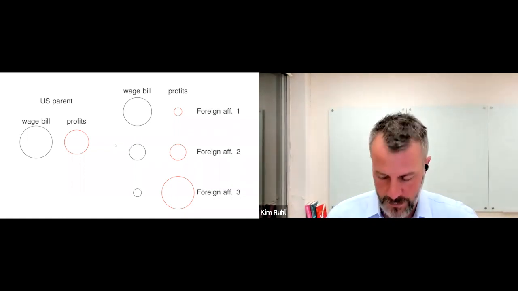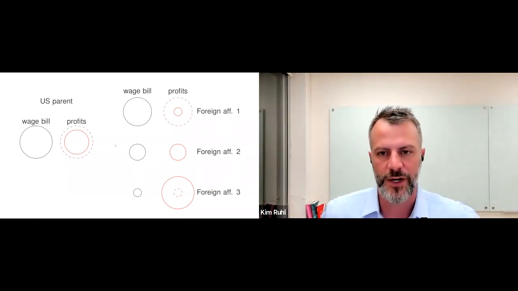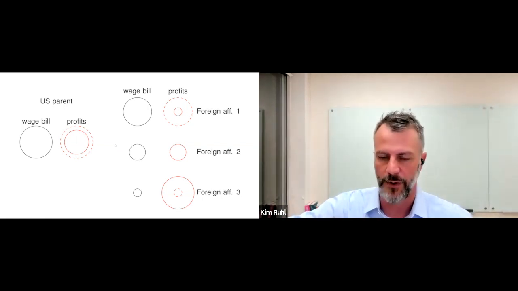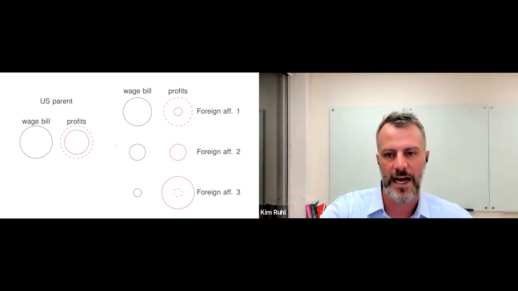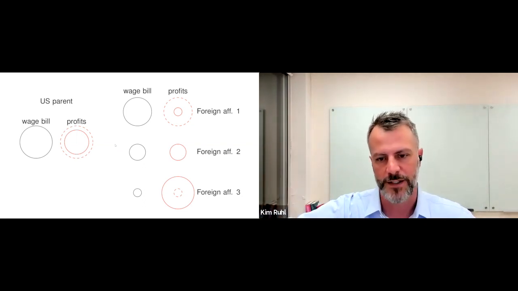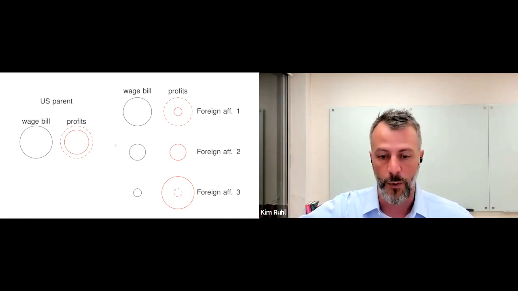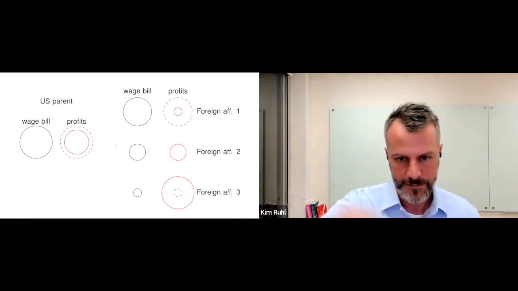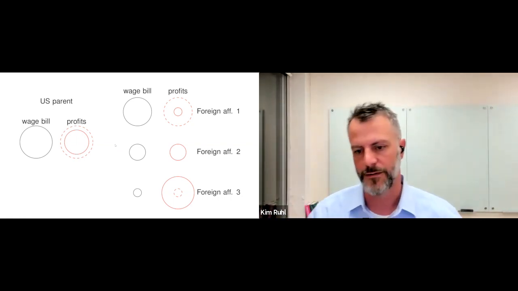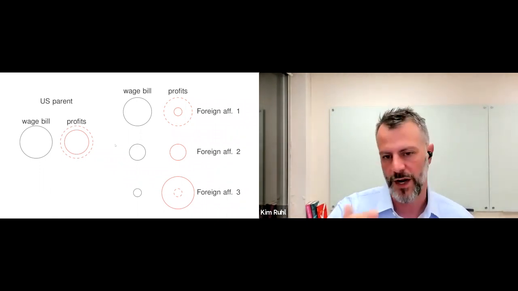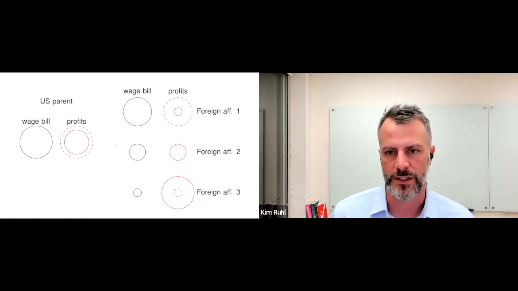So what we're going to do is reattribute the profits within the firm. We're not creating or destroying profits here. Within each multinational, we're going to reattribute profits across the entities within the firm, proportional to things that we can observe that tell us something about production costs. The wage bill is an example, but we'll do other ones as well.